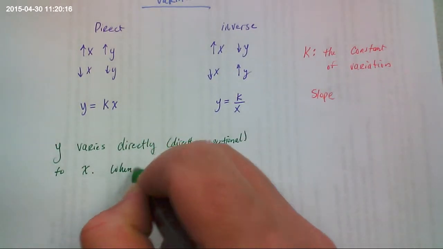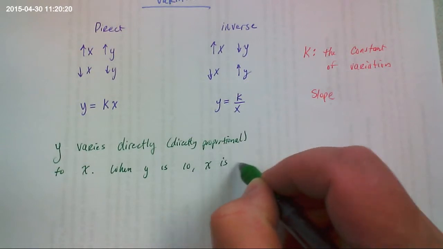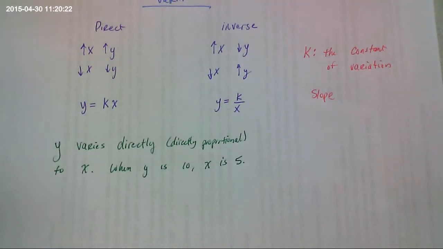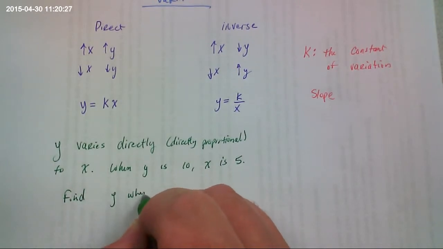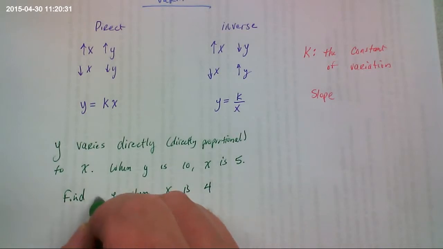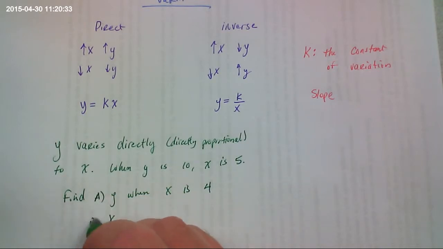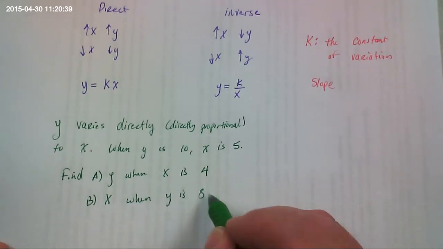It'll say something like when y is 10, x is, we'll make this one simple, 5. Then it'll say find y when x is 4, and it might say find x when y is 8, something like that.